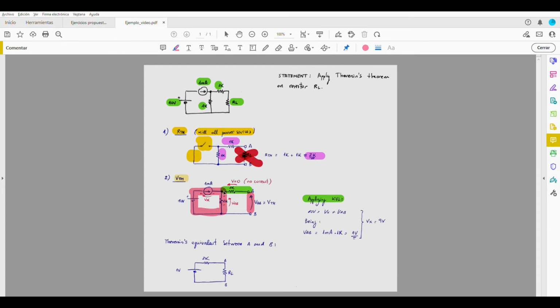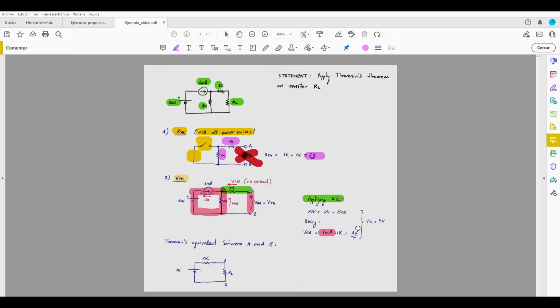So the voltage in this 1K resistor that I'm pointing out now is the same voltage as between the points A and B. Solving this equation and knowing that the current through the resistor is 1 milliamp because it's forced by this current source here, the Thevenin's voltage, which is the voltage between A and B, is 1 volt.